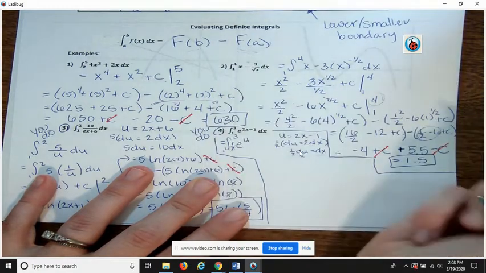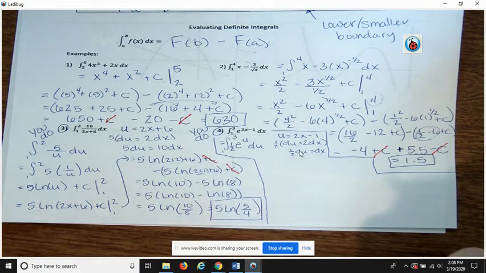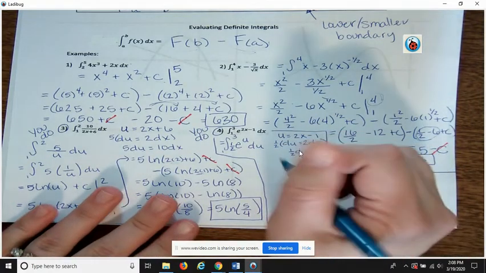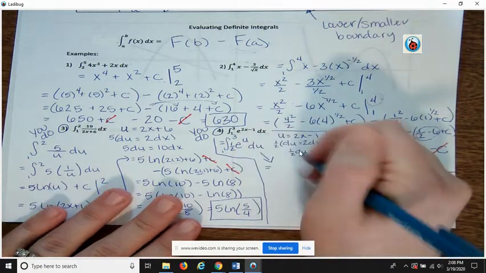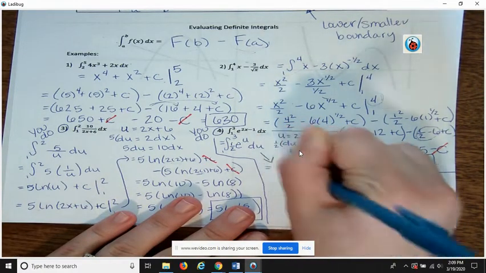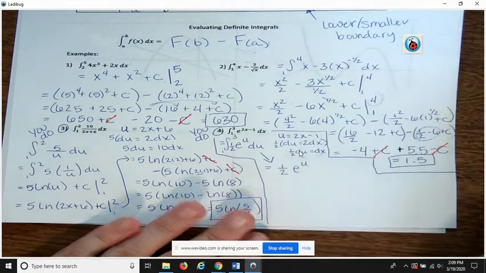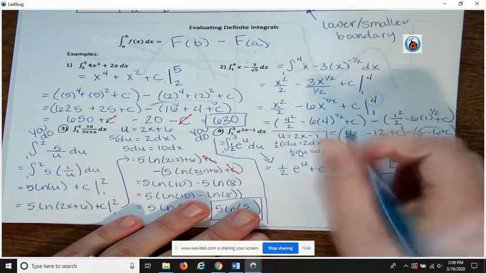Remember, multiplication is commutative, so it doesn't really matter where that is. And I'm going to put my du on the end so that it looks really nice. And then I want to actually integrate this. I'm going to scoot down here. So when I integrate this, I should get just 1/2 e to the u plus c. Okay, and don't forget that you have to write your limits of integration, 1 to 3.